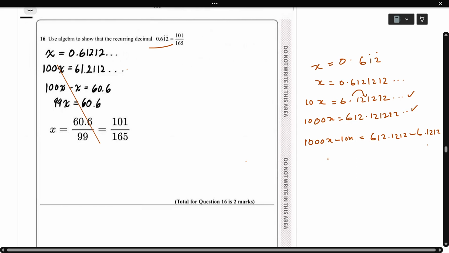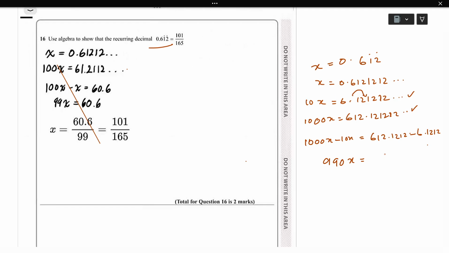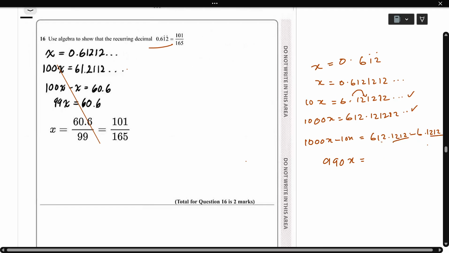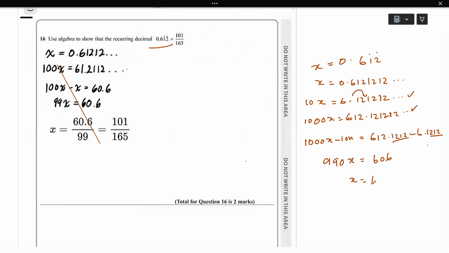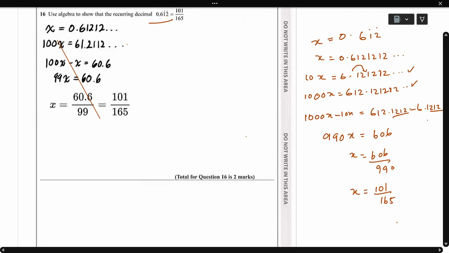So the left side becomes 990x. On the right side, everything after the decimal is gone, so 612 minus 6, which is 606. So x equal to 606 over 990. When you simplify, you get 101 over 165. That's what we needed to prove, and we proved it.